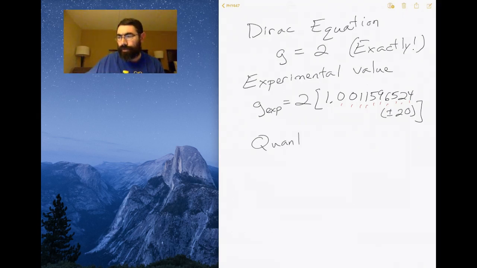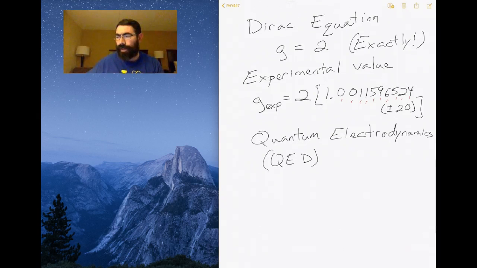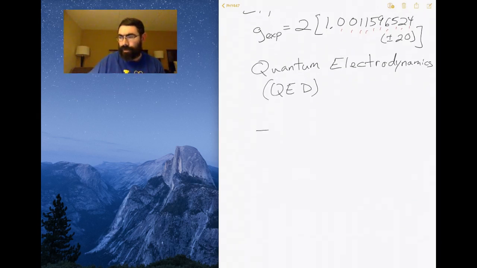So if you use quantum electrodynamics, or QED, what you would find is that you would have just an electron flying through outer space, which would give you a value of 2, like Dirac predicted.